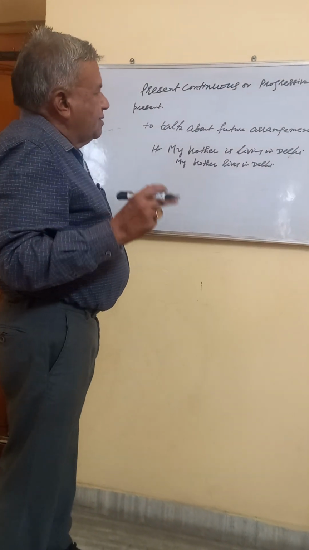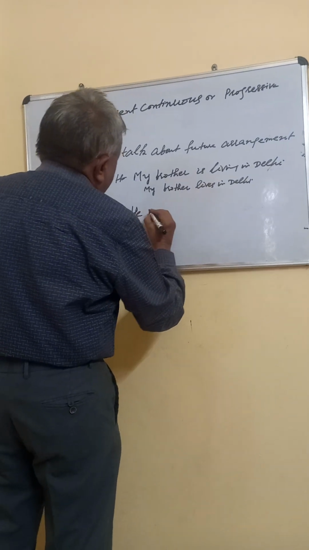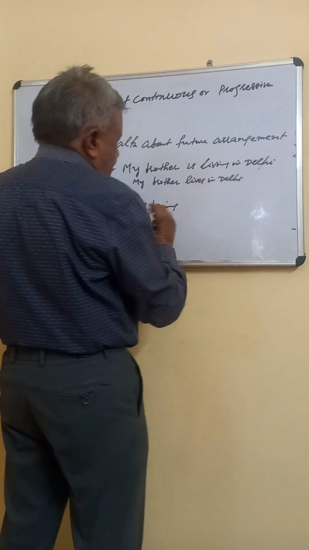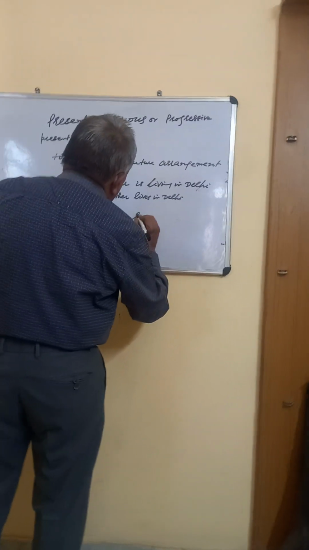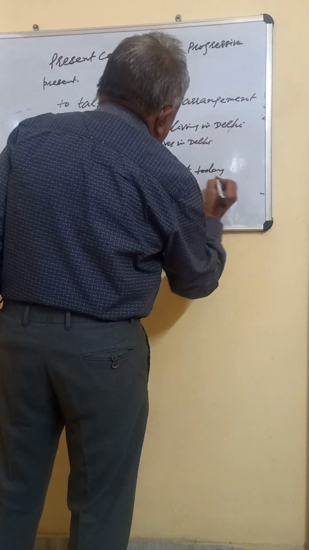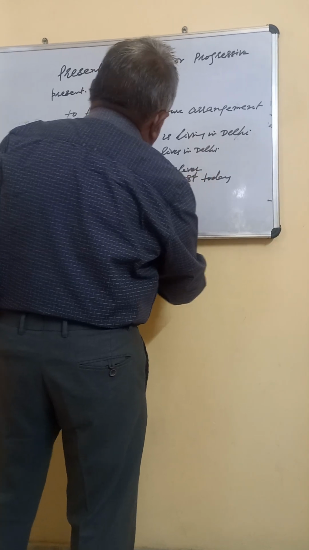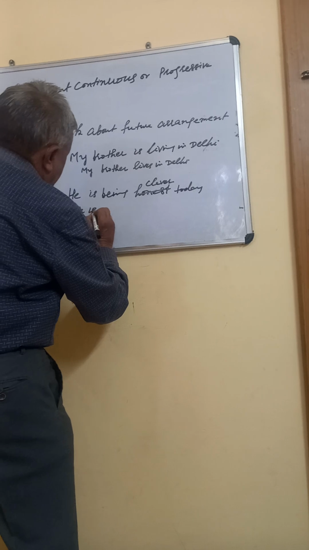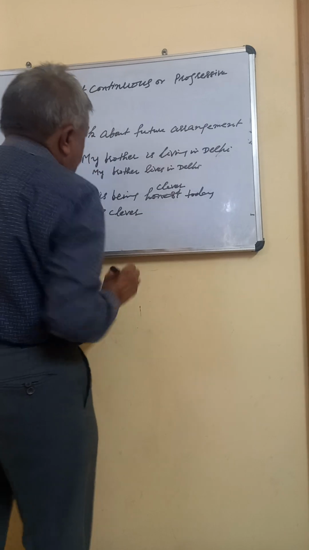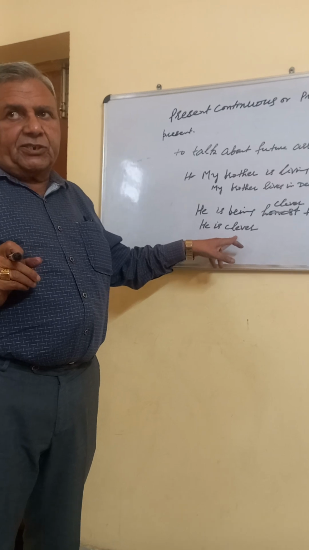In the same manner, sometimes we say he is clever and he is being clever. When we use present indefinite and say he is clever, it shows his permanent feature of nature.